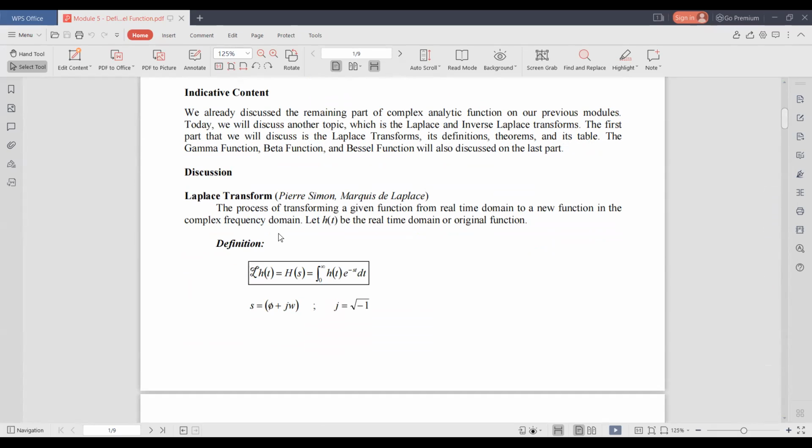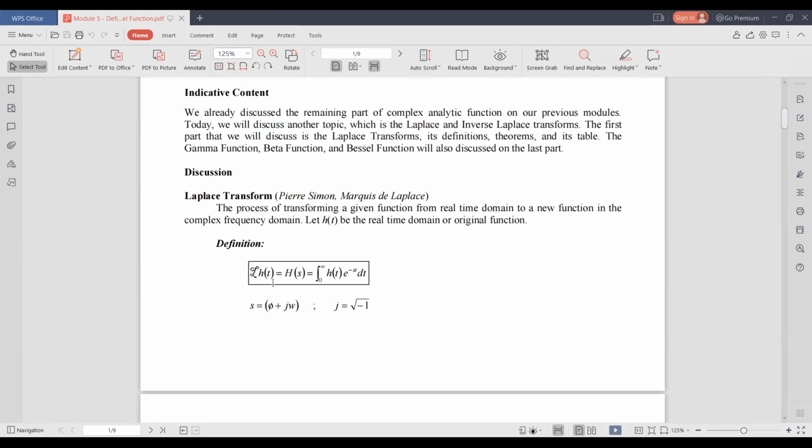This is the process of transforming a given function. We have here a complex frequency domain and the time domain. So here we transform a given function from real-time domain papunta sa new function natin, which is in a complex frequency domain. That is a function of t to a function of s, that is h(t) to H(s).